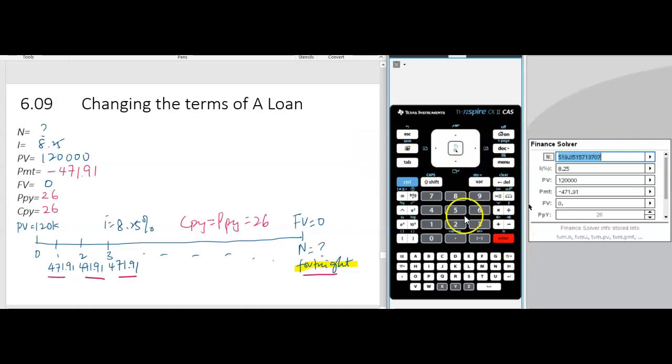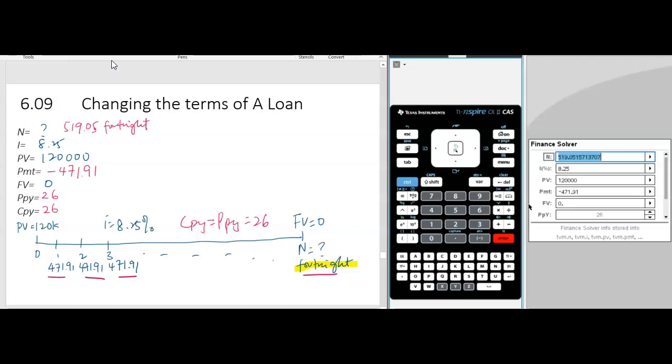So what's the n value? So you found 519.05. What is the unit here? Because your PPY, CPY are both fortnight, the unit here will be fortnight.